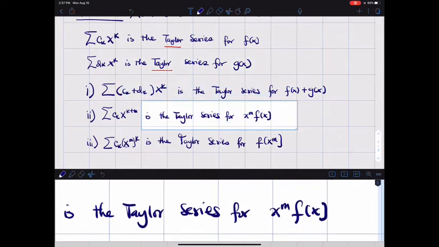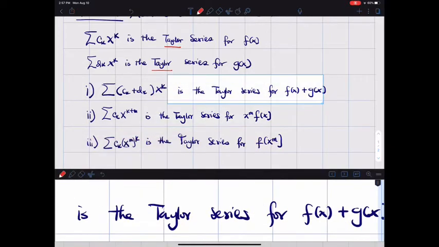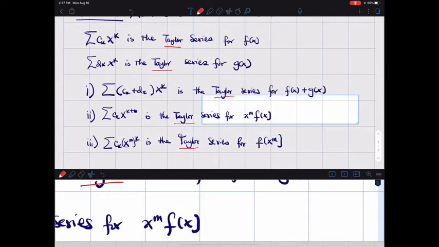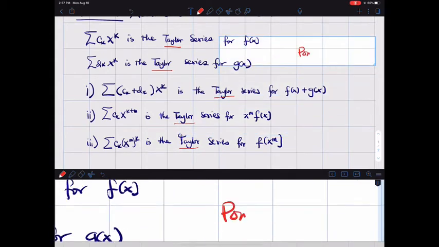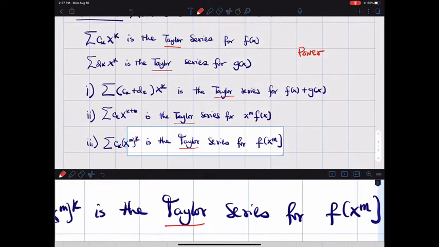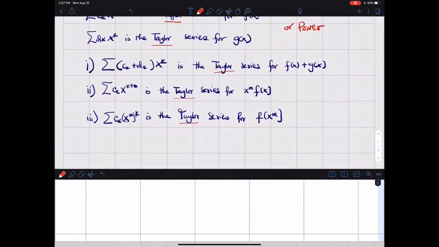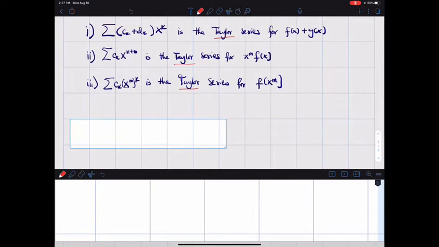I was underlining, so I might as well underline everything to show you that we could replace all this with the word power instead of Taylor. We're not going to prove this theorem because that's beyond the scope of our course, even though it's quite easy to prove.